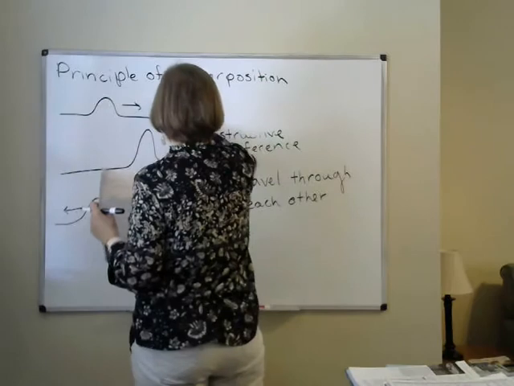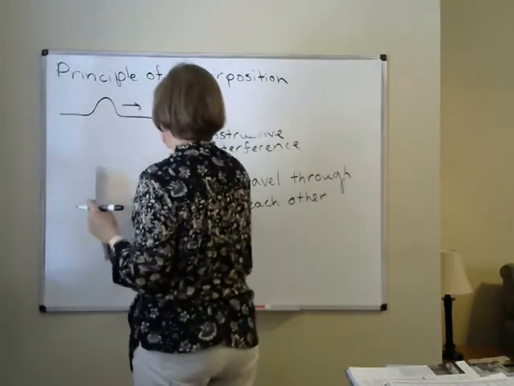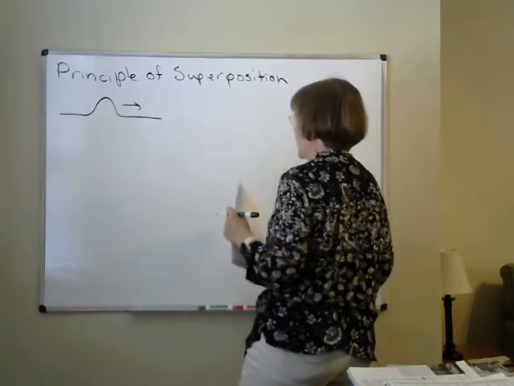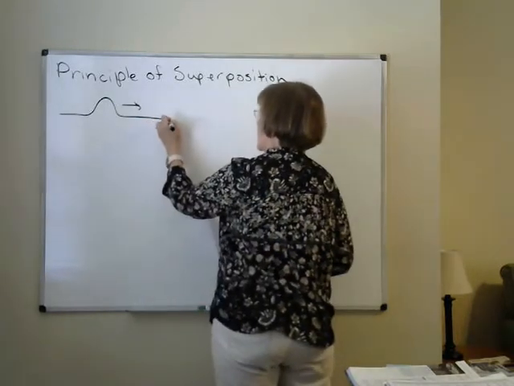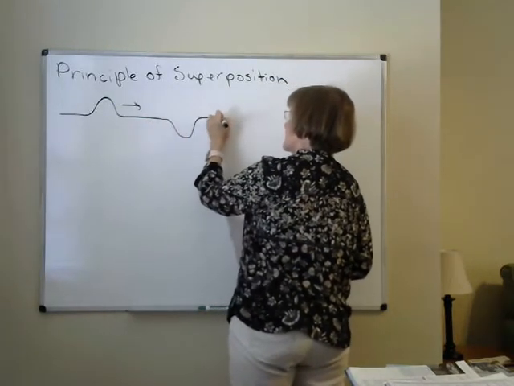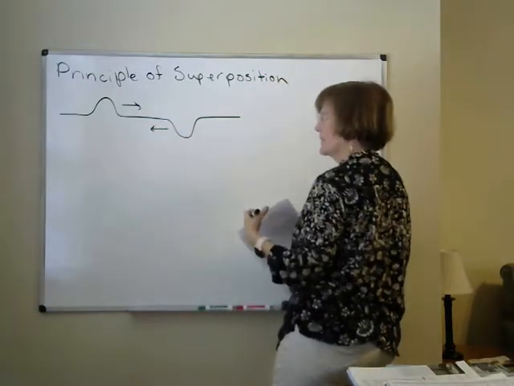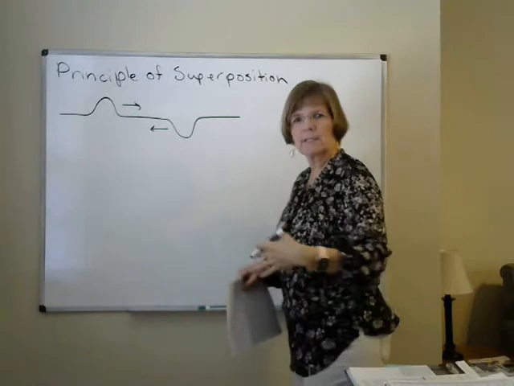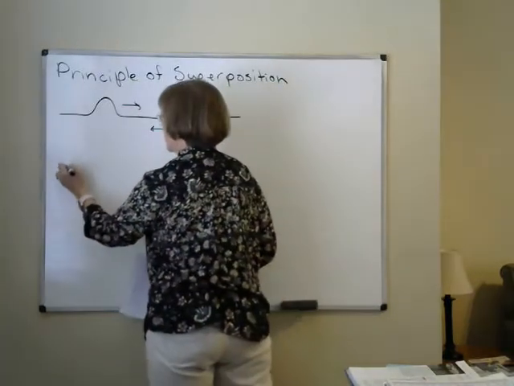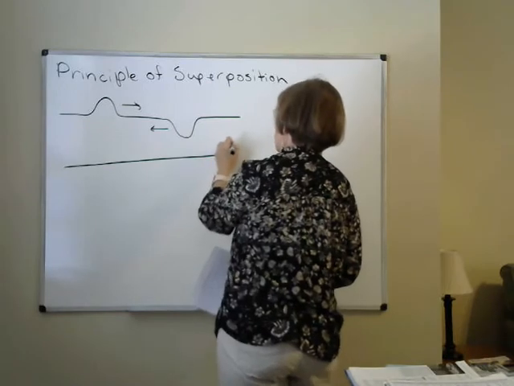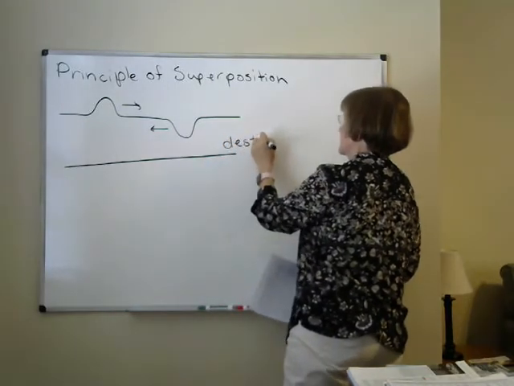In fact, let's change things where we do in fact have two pulses, but one of the pulses looks like this. What will happen now if those are identical sized pulses, when they pass through the same space, you will get destructive interference.